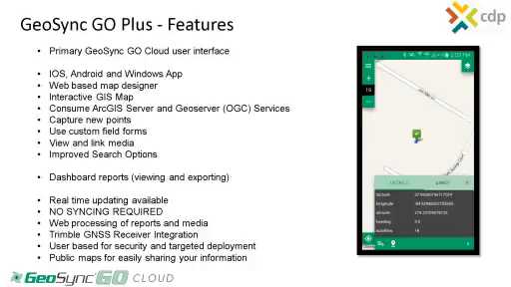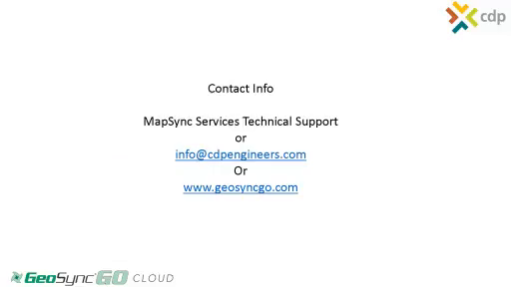And the demand on all of us, and desire to be able to share information with other agencies and with other groups or divisions within our organization, is continuing to grow. So if we're thinking about improving efficiency and the ability to use this information in our work, then that's a big leap forward. That completes our overview for GeoSync Go Plus.